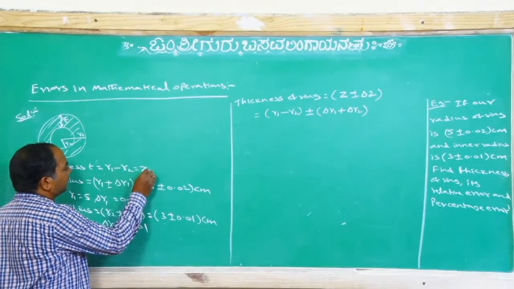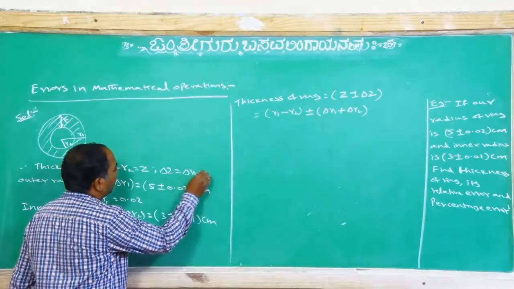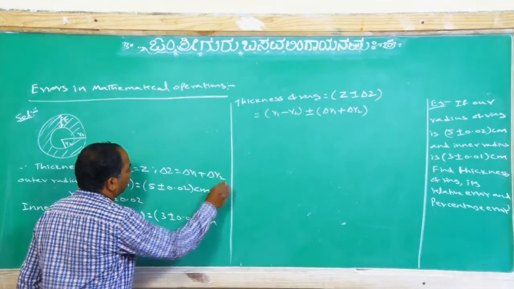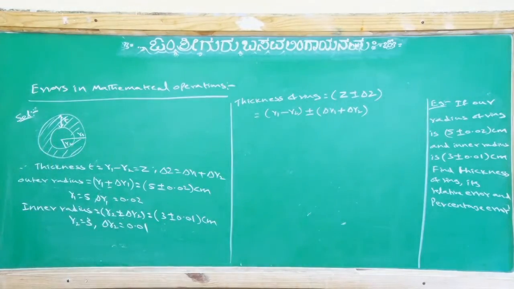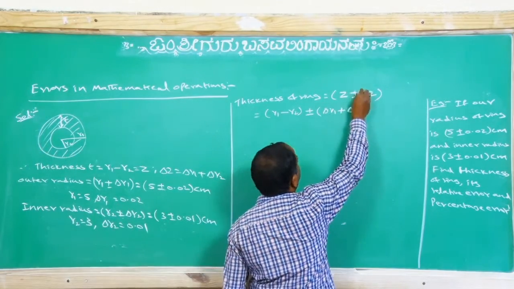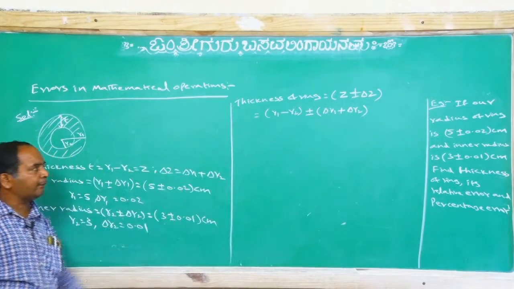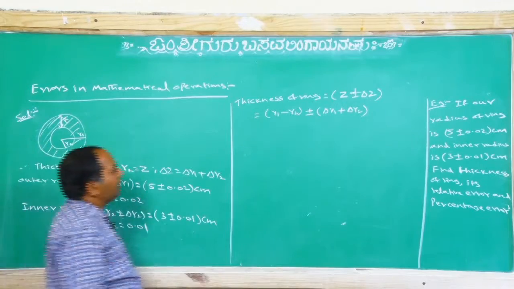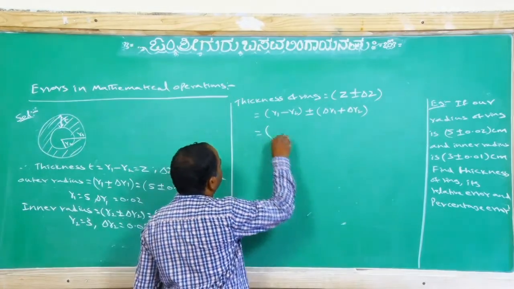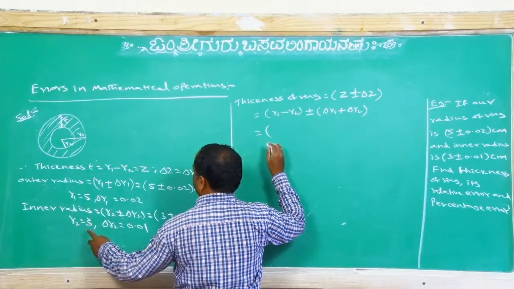I am considering Z and delta Z is equal to delta R1 plus delta R2. Why? Earlier, in subtraction, we got delta Z is equal to delta A plus delta B. So we may write that as delta R1 plus delta R2. So, what is the thickness? R1 is 5, R2 is 3.